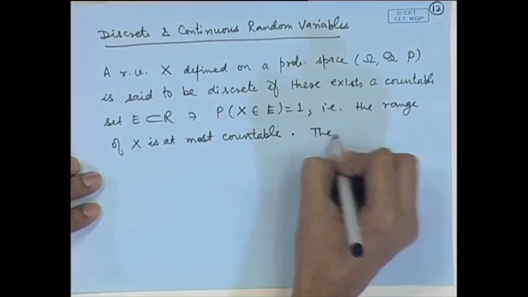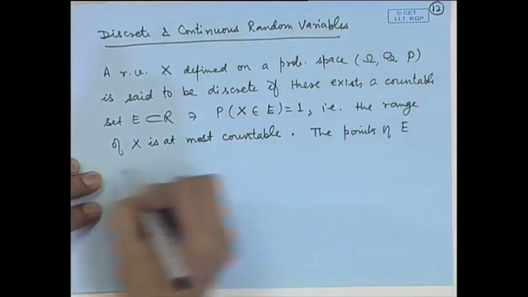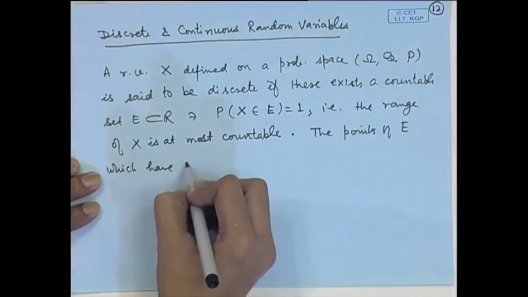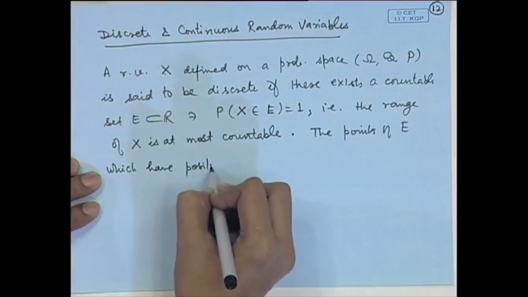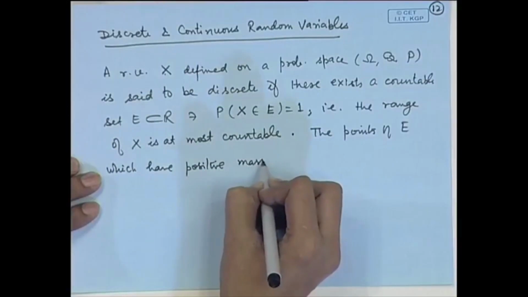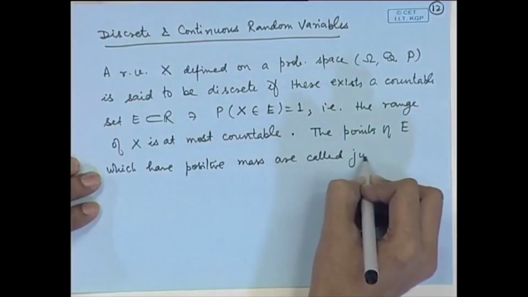The points of E which have positive mass are called jump points.